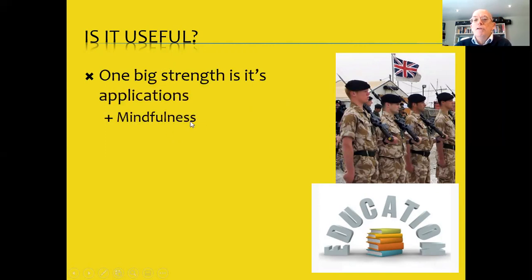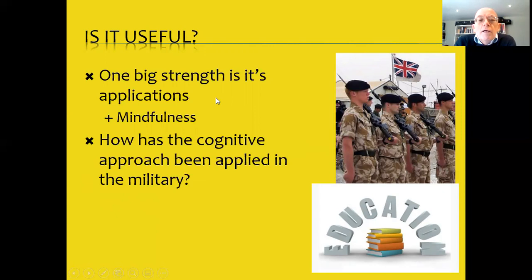So obviously mindfulness is being useful in terms of helping people with stress, helping them not to worry about things because they just spend time in the present moment and realize that they don't have to spend all their time worrying about what's going to happen in the future or beating themselves up about what's happened in the past. And so that's a really positive and helpful thing for people's mental health. Have a look in the book about how the cognitive approach has been applied by the American Army, in particular, in the military.